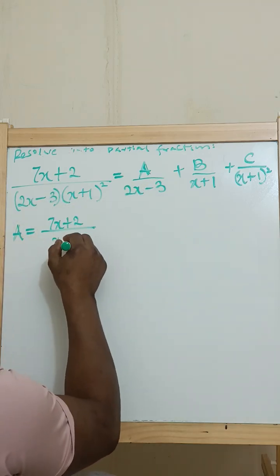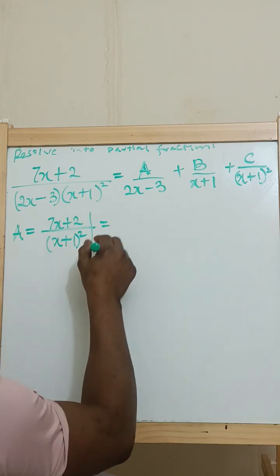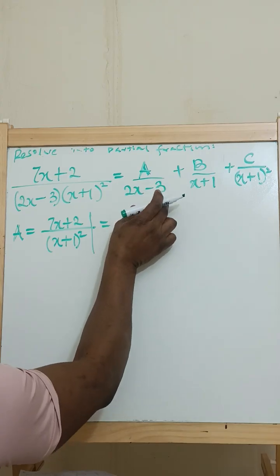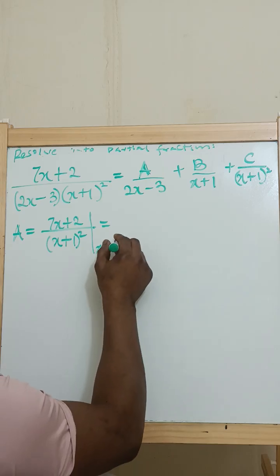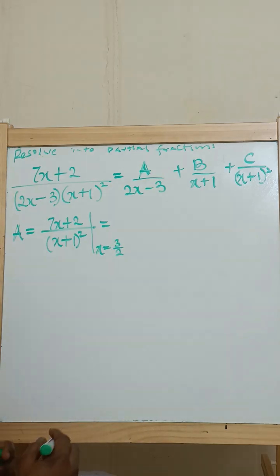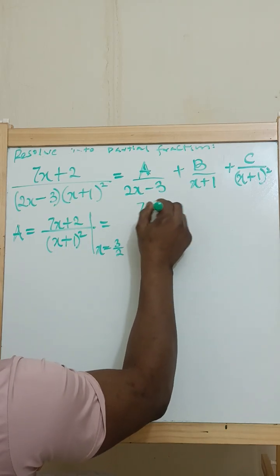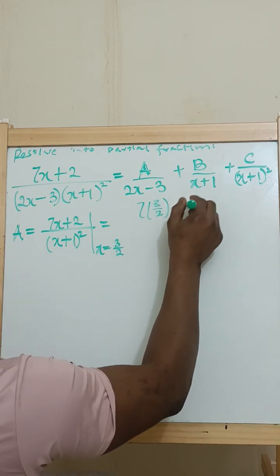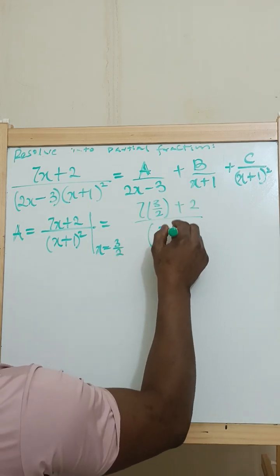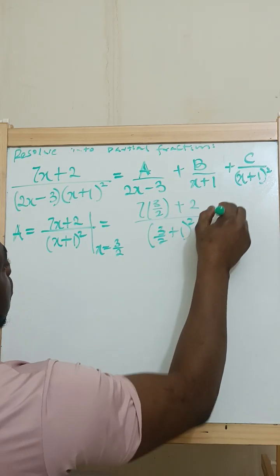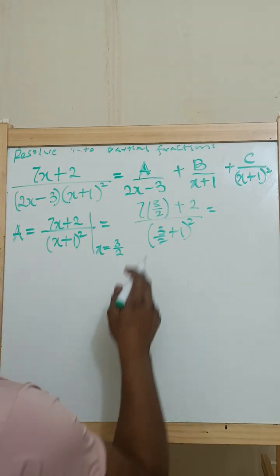Equate 2x minus 3 to 0, and the value of x, which is 3 over 2, will be substituted here. So by the time we substitute 3 over 2, this is going to be 3 over 2 plus 1 squared, so the numerator is 21 over 2.